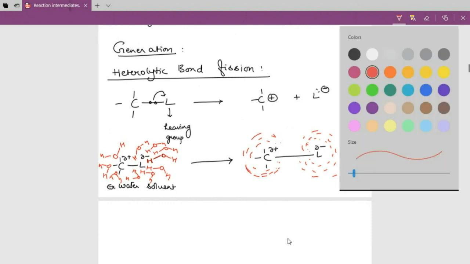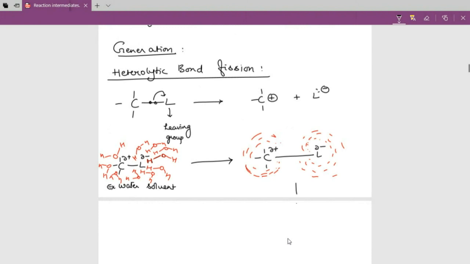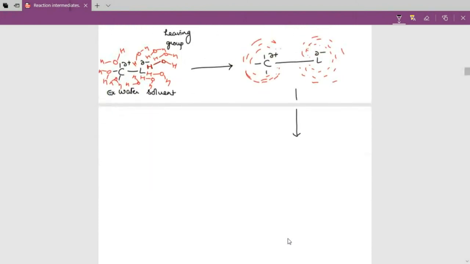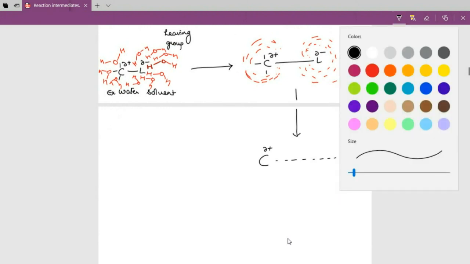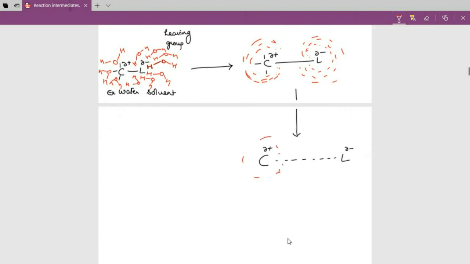As the steps proceed, this bond will become longer and weaker due to the presence of this solvent. Okay, this bond will become gradually longer and weaker. L further del minus, del plus, and gradually the same solvent remains like this.